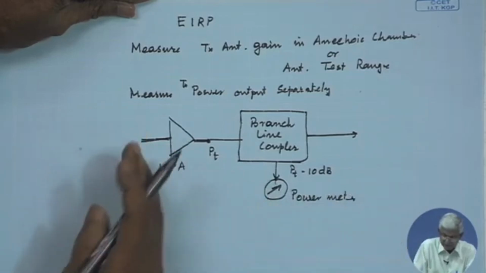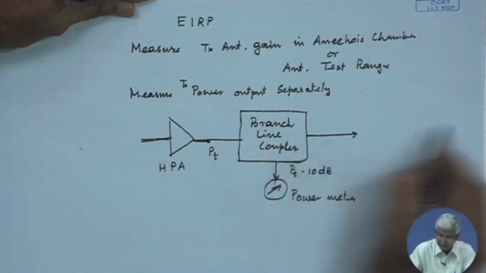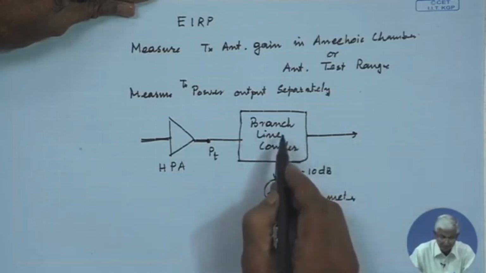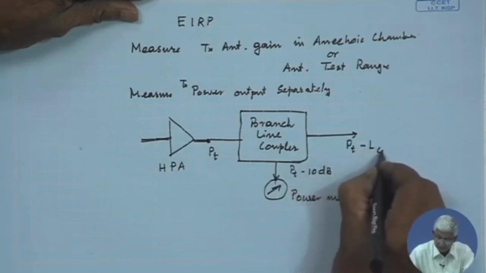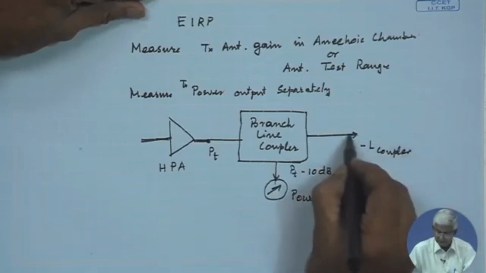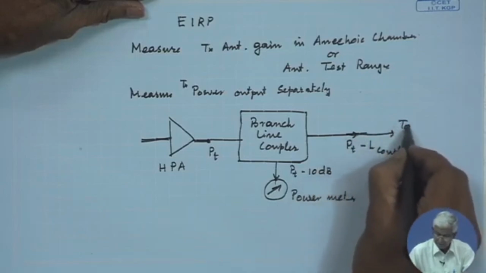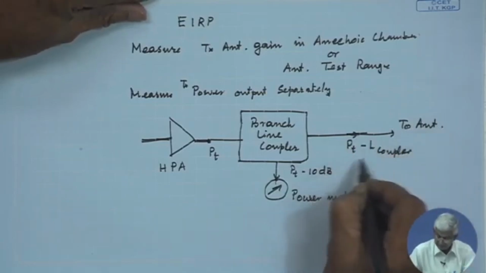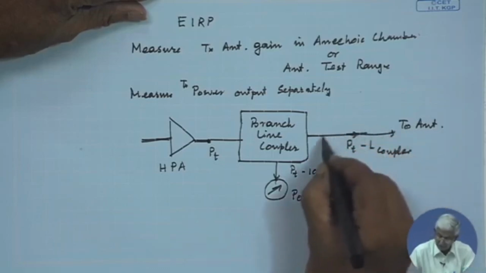So, as you go on increasing the power, PT changes. Therefore, a coupled power is measured, and the rest of the power goes out, but it does not all go out, there is some loss in this. So, the power which goes out is PT minus the coupler loss. This is our transmission which is going to the antenna, and in between there may be the waveguide loss, so there will be a total feeder loss.